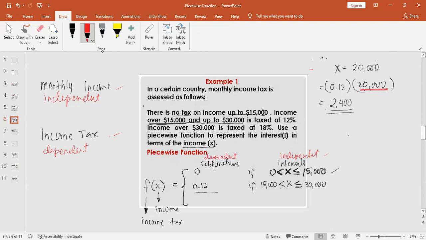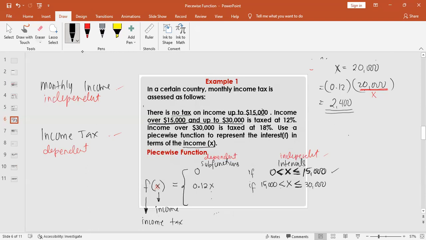And yung monthly income is represented by variable x. Kaya kulang tayo dito, class, ng x sa 0.12. So it should be 0.12x. Kasi dyan natin imumultiply yung income natin para makuha natin yung 12% niya. Okay?